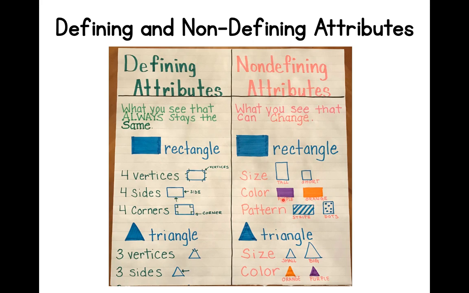Purple and orange change, but they're still both rectangles. Just like this triangle. This triangle is blue, this triangle is orange, and this triangle is purple. Or this triangle is small and this one's big. It doesn't matter if it's small or big, orange or purple. It's still a triangle because it has 3 vertices and 3 sides.